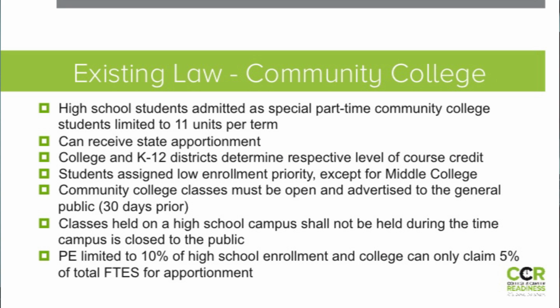That class has to be open and advertised for 30 days, such that any college student that wanted to could enroll in that class. That also means that high school students may not be able to get the course if college students that have higher priority enroll in it prior to the student's enrollment priority coming up. So it's a balancing act. It's trying to figure out when do we open that course, how do we advertise it.